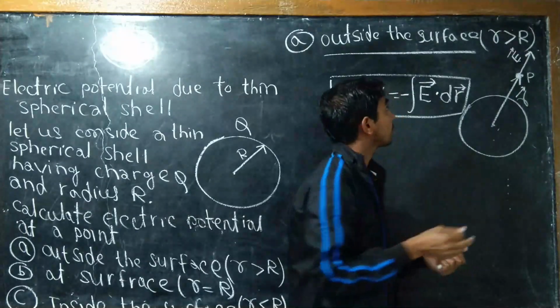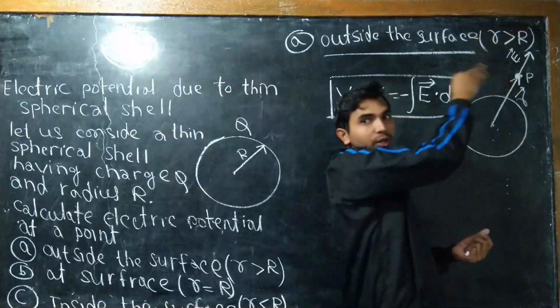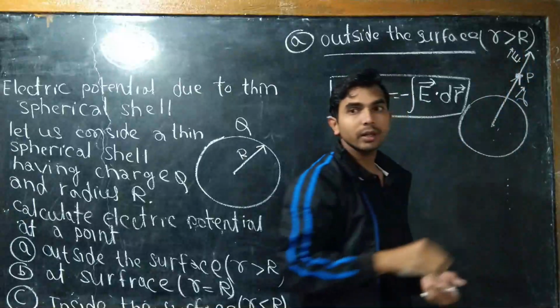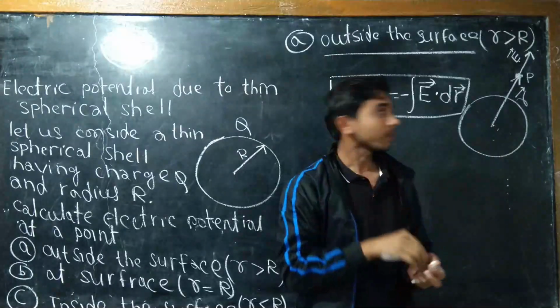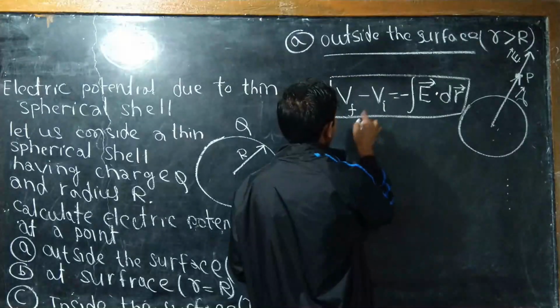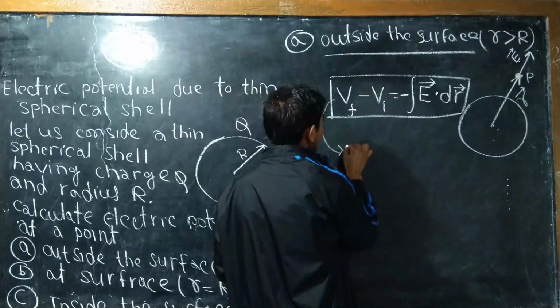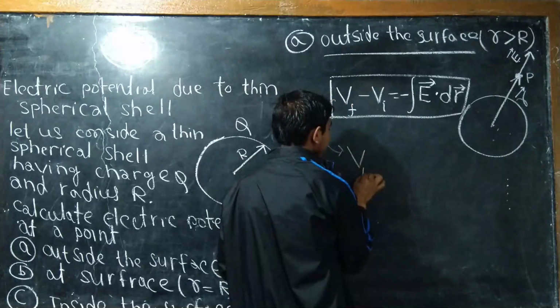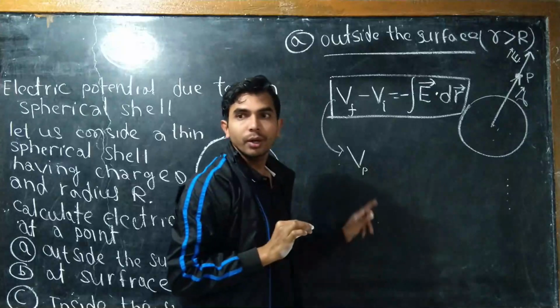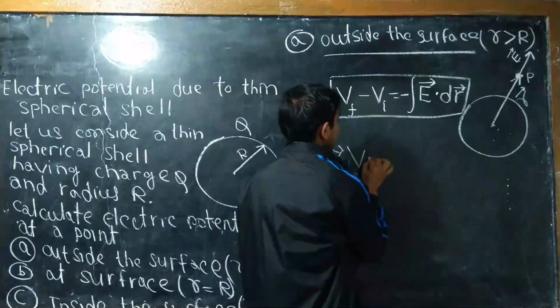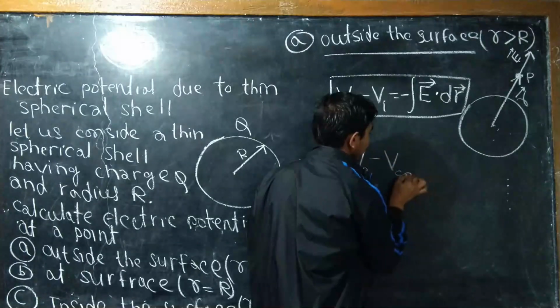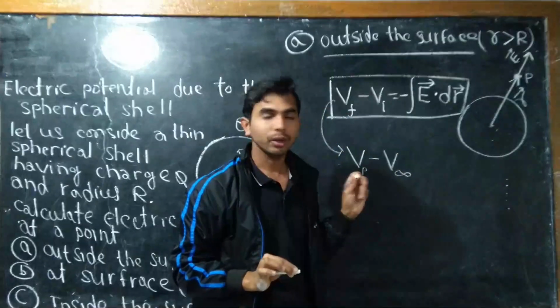So the initial point is at infinity, and from this formula we can write Vp, the final point, and initially infinity.